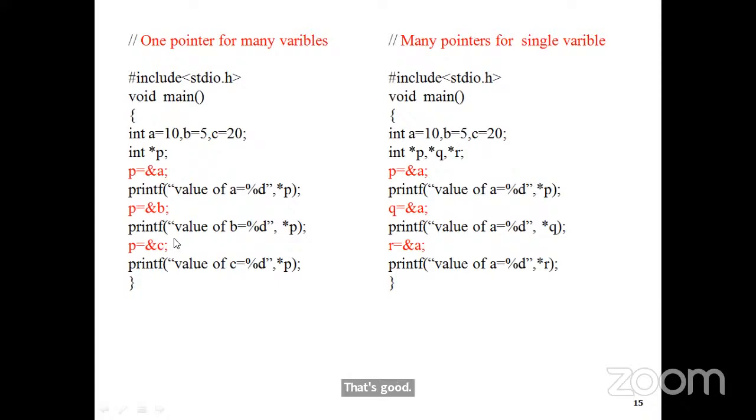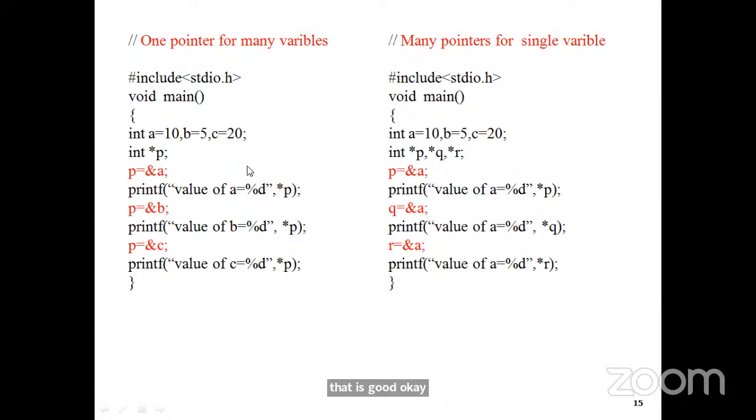Next, printf value of B. Now you see here, p equal to address of C. Now I have assigned another variable's address. Now we have three variables. In the last, I have assigned the address of C. Now the value of C is automatically 20. That is good. So this is one pointer.